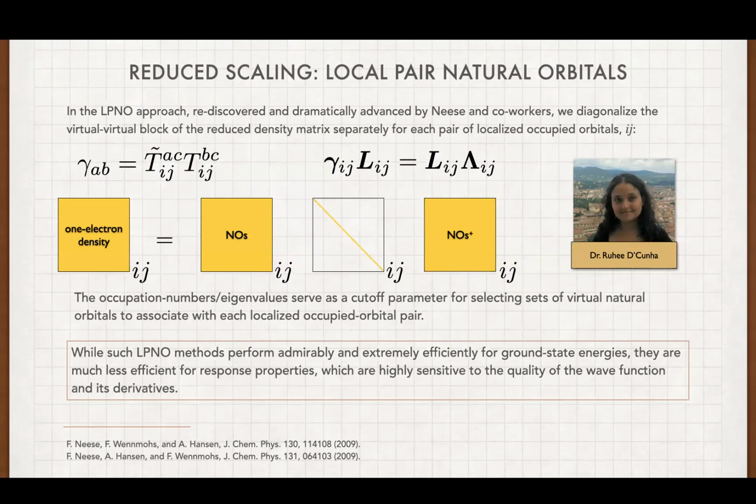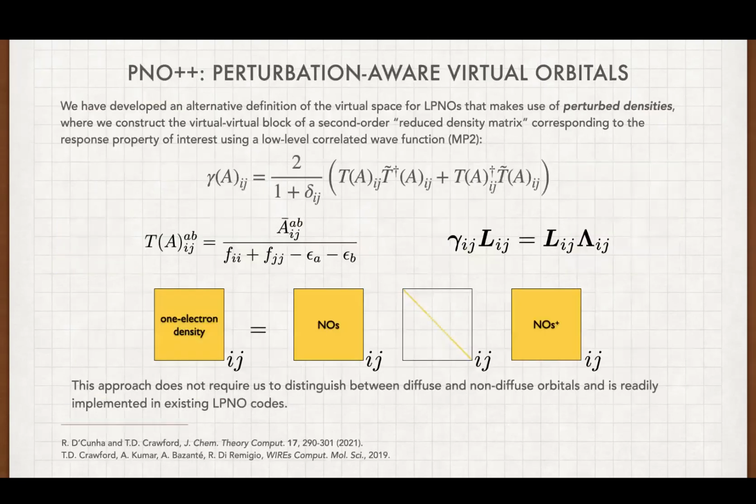And part of that is because these properties depend heavily on very diffuse regions of the density and how it responds to the external fields. But it's those diffuse regions of the density that you describe the worst with local pair natural orbitals in the first place. And so we've worked to extend this to building new types of expansions for the virtual spaces, still based on pair natural orbitals, but instead using perturbation-aware densities.